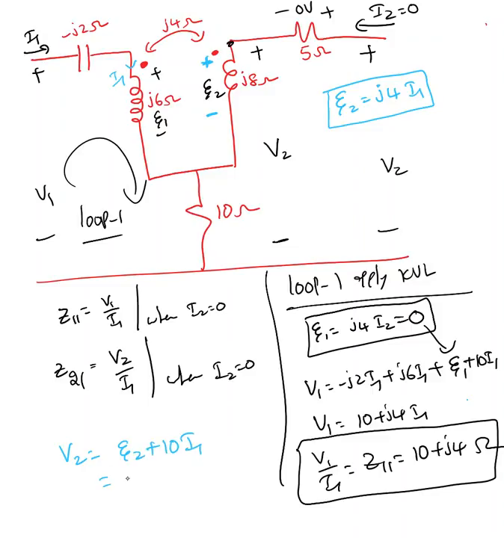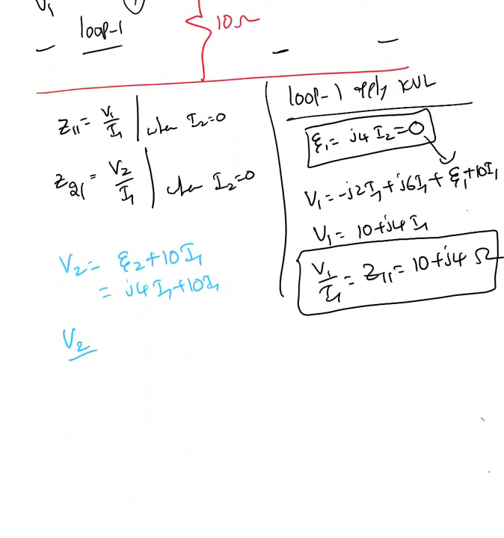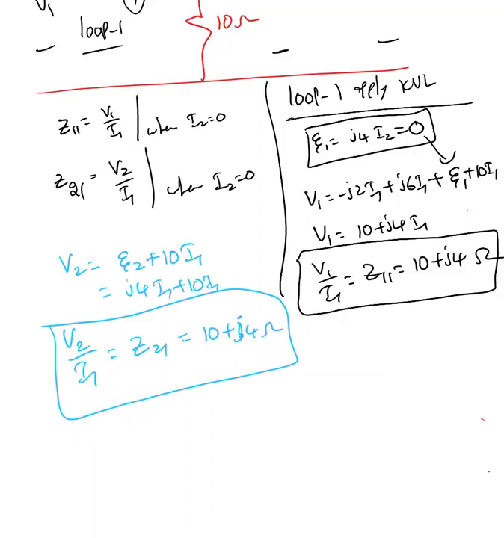E2 is nothing but J4 I1, plus 10 I1. So V2 over I1, which is Z21, equals 10 plus J4 ohm. As I mentioned in the previous videos, it's always easy to find Z11 and Z21 together.